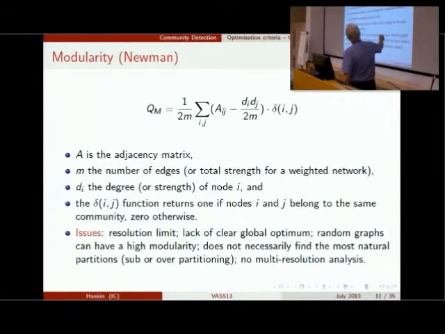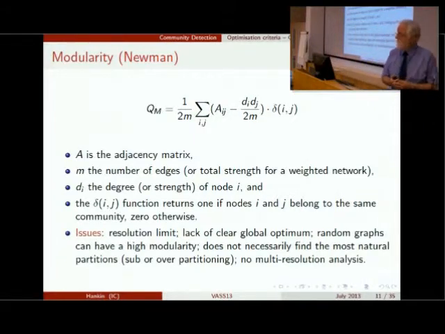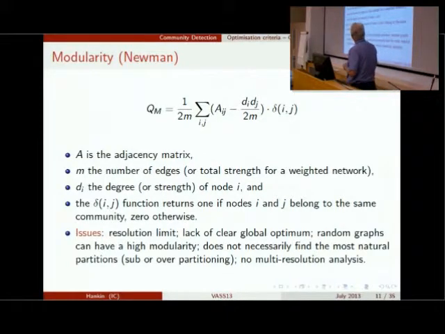Well, D_i and D_j are the degree or strength of the nodes i and j. Now, this is an undirected graph, so the strength is just the number of arcs which are incident upon that node. So D_i is the number of arcs incident on i, and D_j is the number of arcs incident on j. We're assuming that there are a total of m edges in the graph, and in order to construct this random graph, we cut each edge in half, giving 2m.